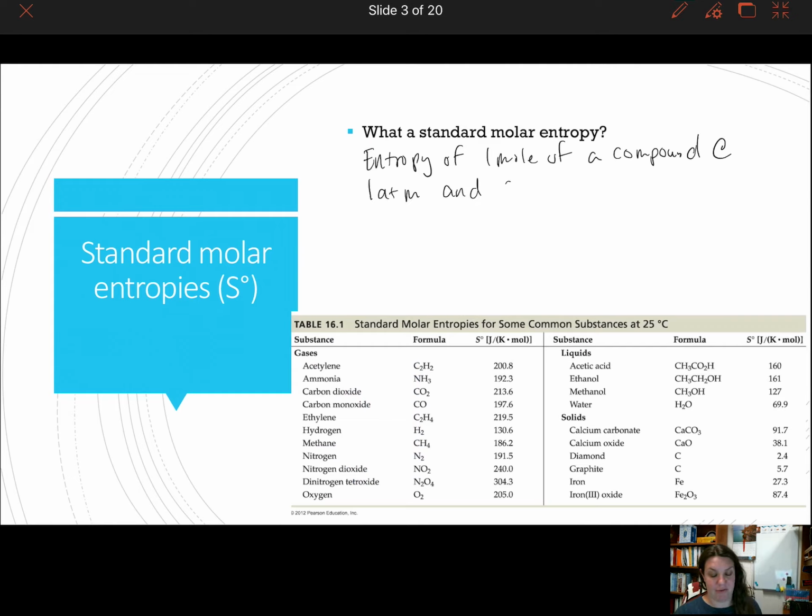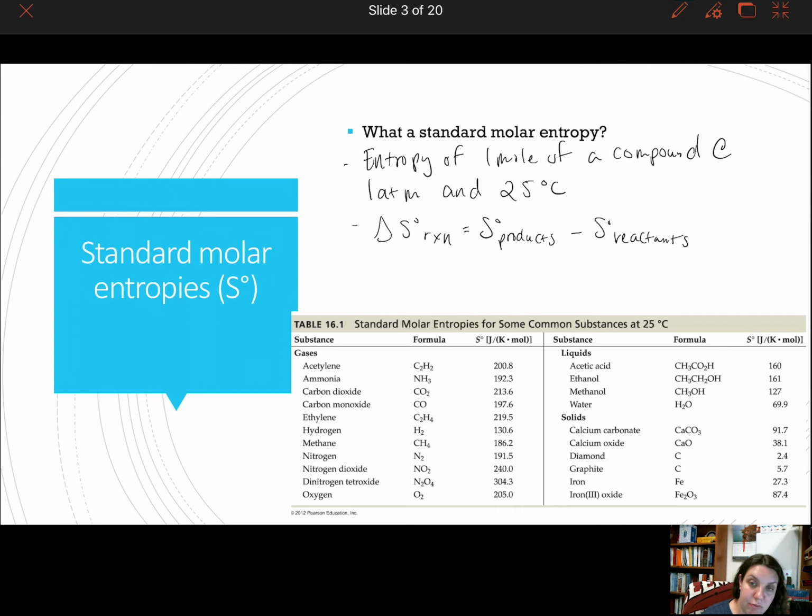Down below, I have a table with a couple standard molar entropies. I gave you guys a huge chart with standard molar entropies in there as well. And from that information, you can solve for your delta S naught of a reaction using your products' molar entropies minus your reactants' molar entropies at standard condition.